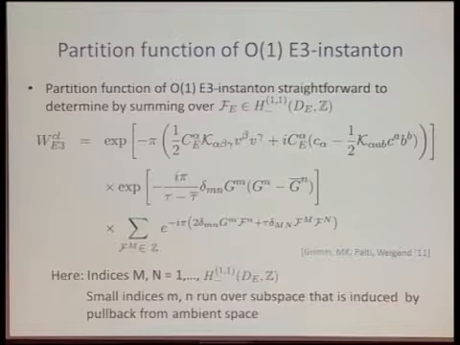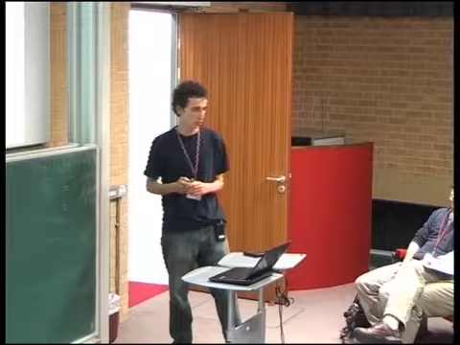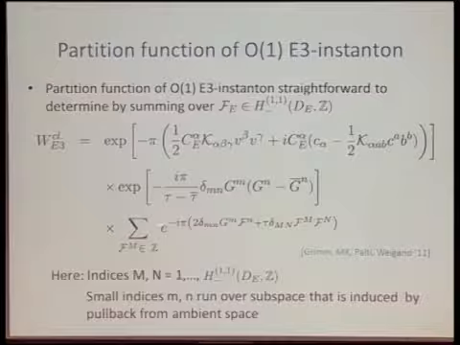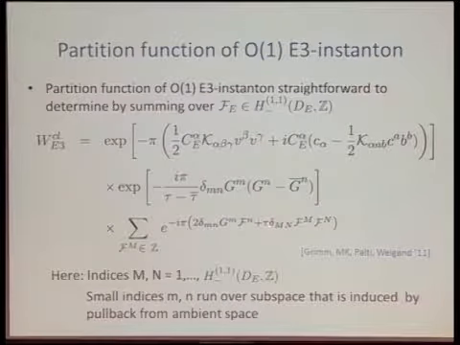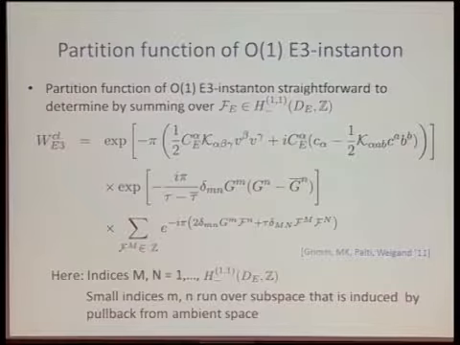The reason I'm pointing this out is that when we consider the partition function of an E3 instanton of O1 type, I'll come back to this in a second, we see similar structures. We have a source, these G moduli, which include B2 and C2 moduli of type 2b string theory. And again a sum over fluxes, with a linear coupling of the fluxes to these bulk fields G, and also a quadratic term in the fluxes, so it's already quite similar in structure.